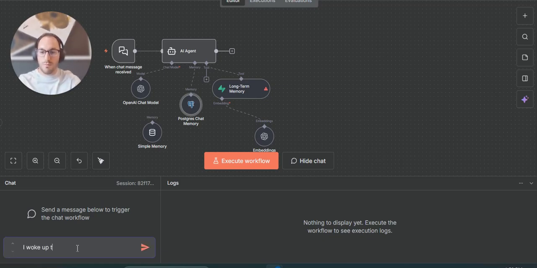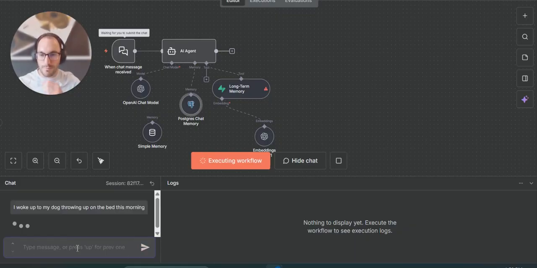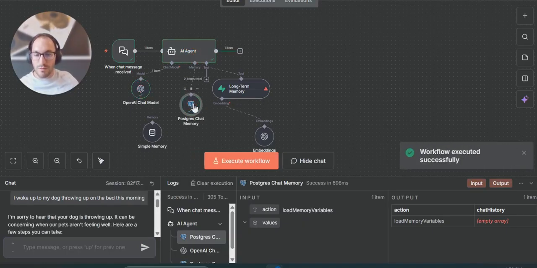I woke up to my dog throwing up on the bed this morning. And you see it's referencing this Postgres chat memory. Still, it's a SQL database instead of the simple memory, but we're still not touching this long-term memory database yet.